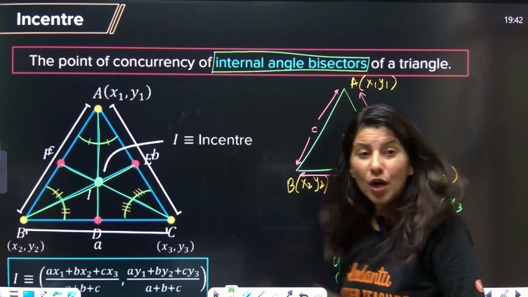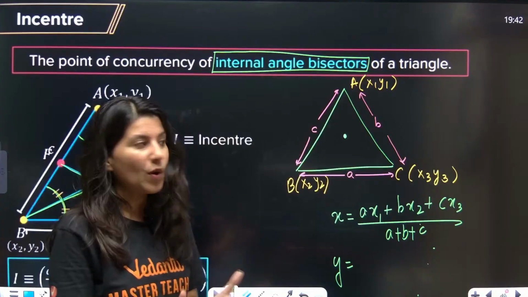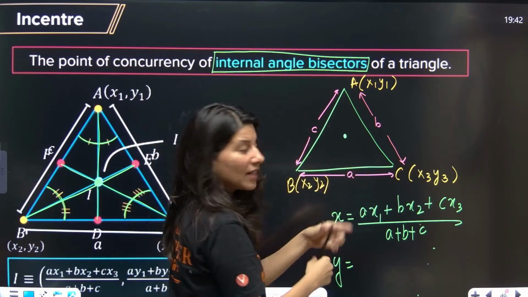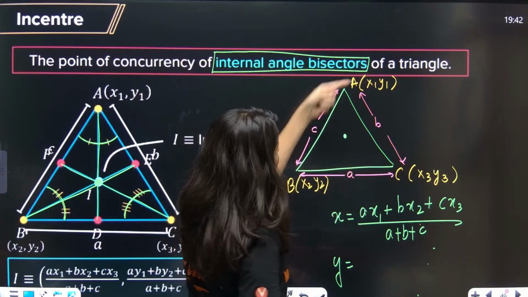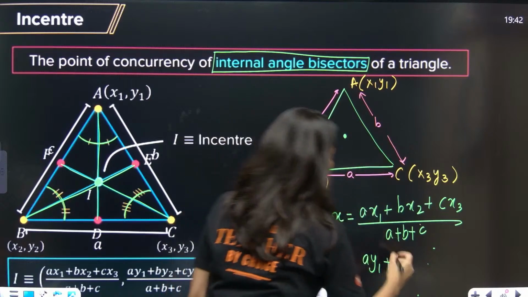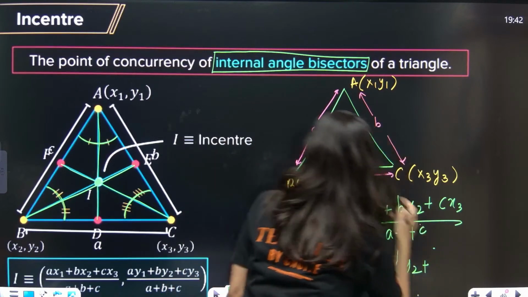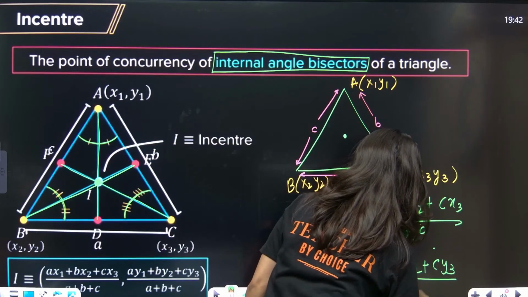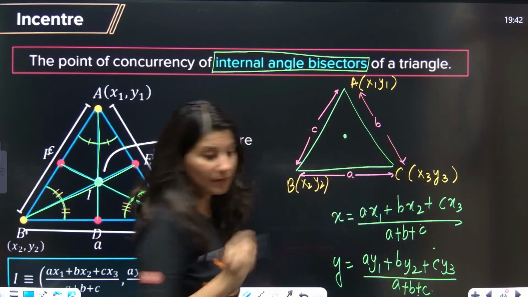Do not just write the formula and plug in the values. I never do that. Write the formula, suppose a is 3, so 3y1. So a y1 plus b y2 plus c y3, whole upon a plus b plus c.